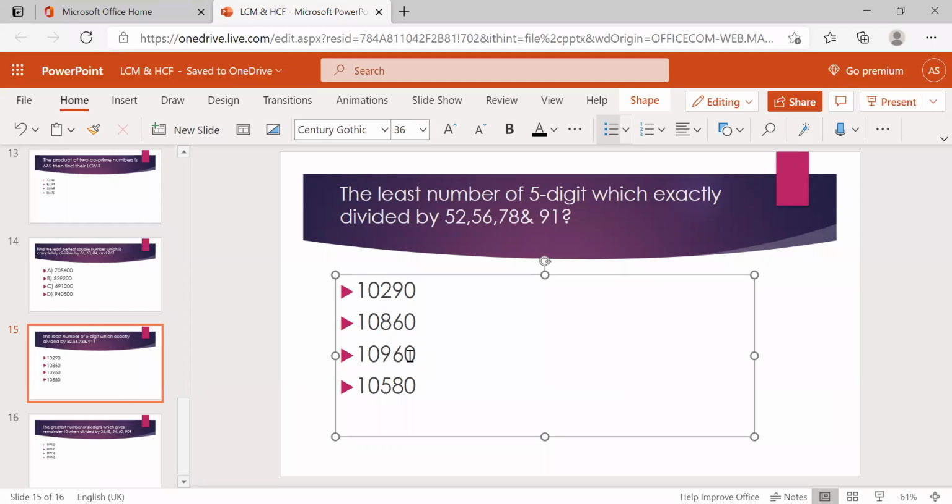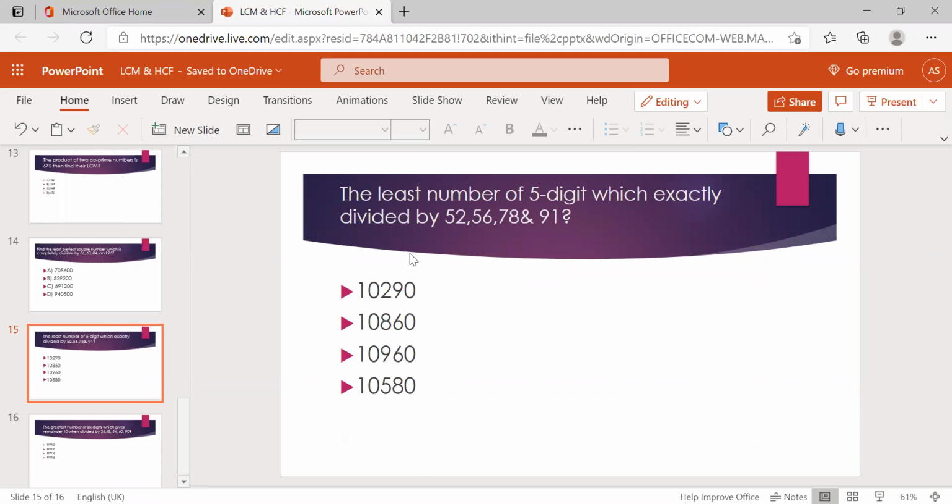Okay, yes, 960. The option was wrong. Now we just check with 8. It is not going to be divisible, and it is divisible, and it is not going to be divisible, right? So remaining, the answer is nothing but this one. So we are eliminating this and this.